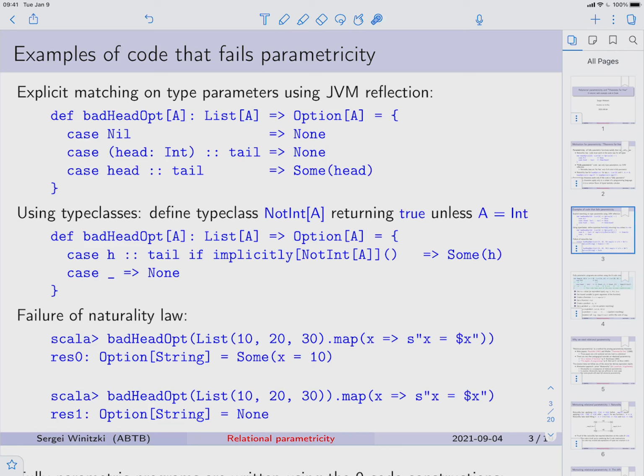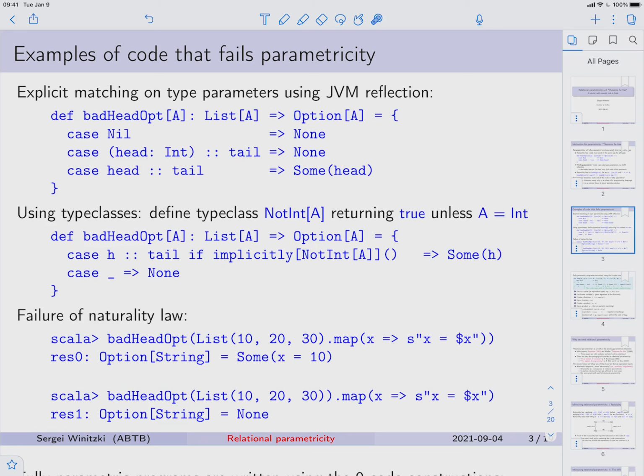Another way of doing this is to use type classes. So let's suppose we define a type class like this, which will have a method returning true in all cases for all types A, unless it's an integer type. And for integer type, we will have a type class instance that returns false. And so then we can write Scala code. I'm not going to write the code for this type class, but I'm just going to show how you use it.